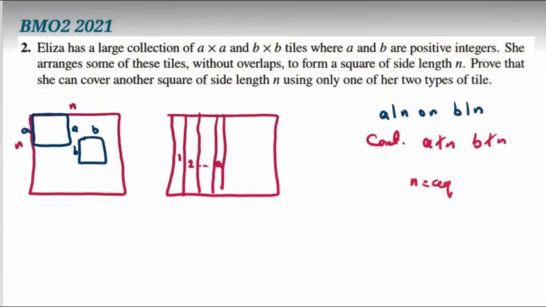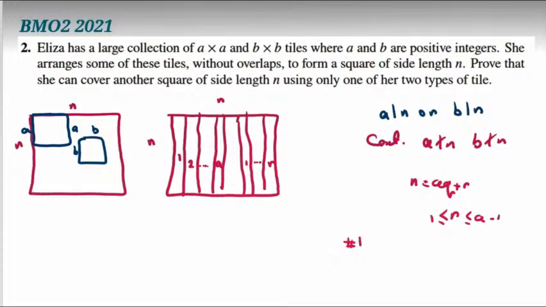So n is a times q plus r, where r is not 0, r is at least 1 and less than or equal to a minus 1. So at the end, when you write it, it will be this column r, this column 1. We have this. So if we consider n, the number of cells from color 1 minus the number of cells from color a equals n cells. We have this.